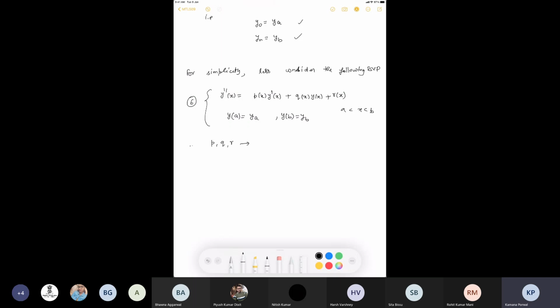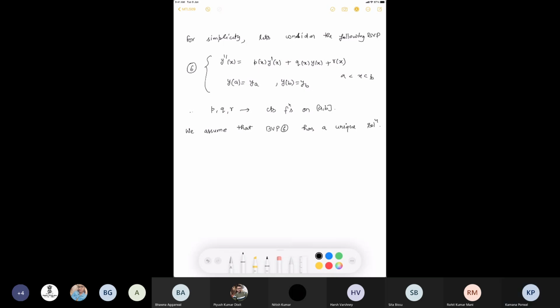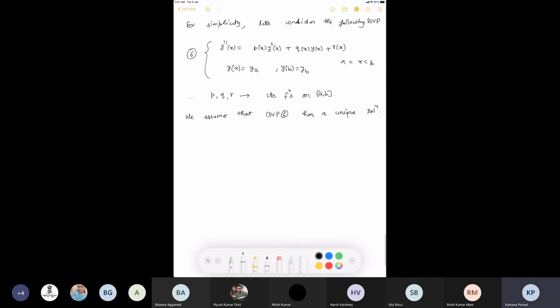These I'm taking as continuous functions on [a, b]. And we are further going to assume that this boundary value problem, which is 6, has a unique solution.